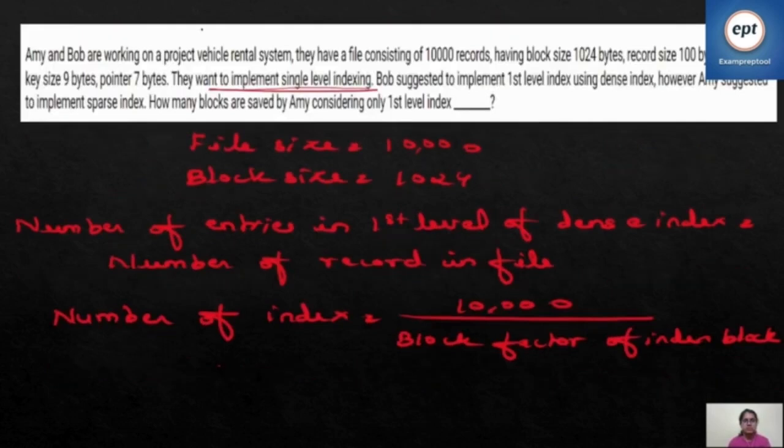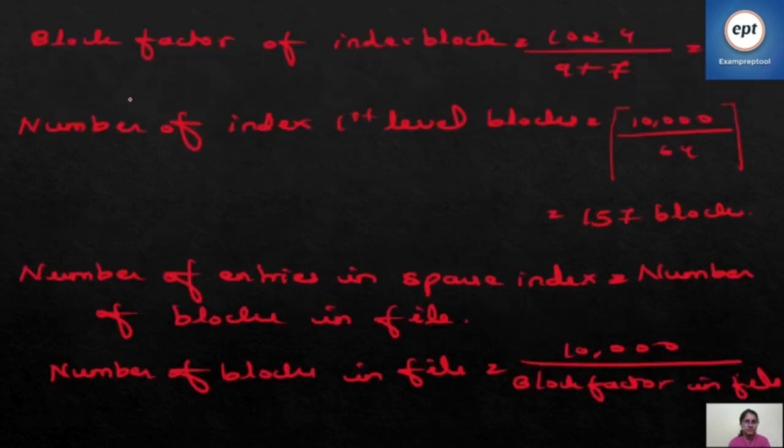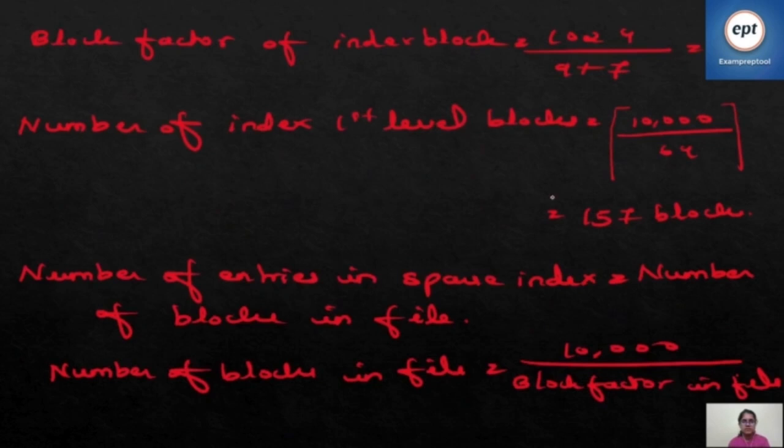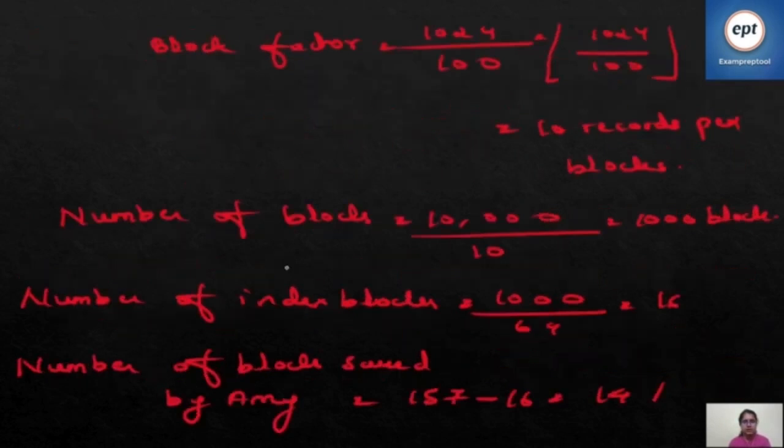In this question, Bob suggested implementing first level indexing using a dense index, however Amy suggested implementing a sparse index. So with the dense first level index we got 157 blocks, and with the sparse index we got 16. So the number of blocks saved by Amy is 157 minus 16. We do the subtraction, and the answer comes out to be 141.